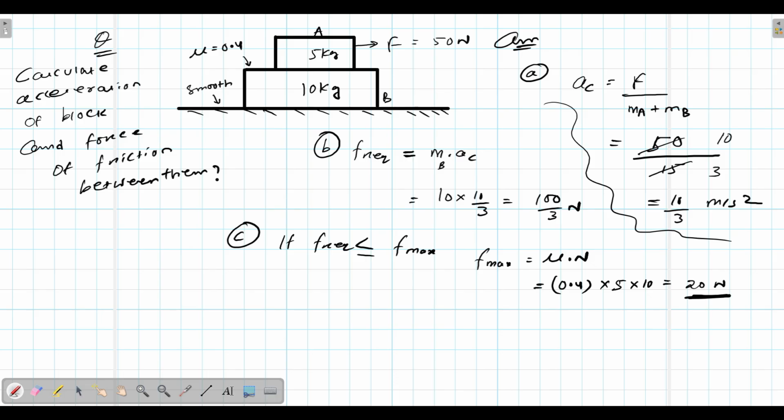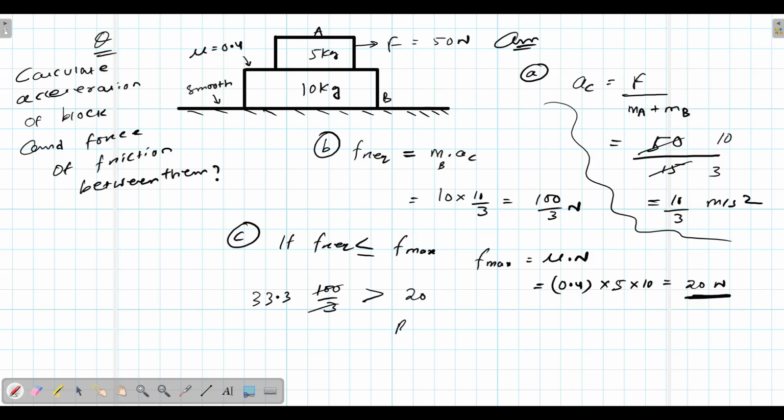As 33.3 is greater than 20, F required is greater than F max, so both move with different acceleration. Then we have to find the different acceleration.